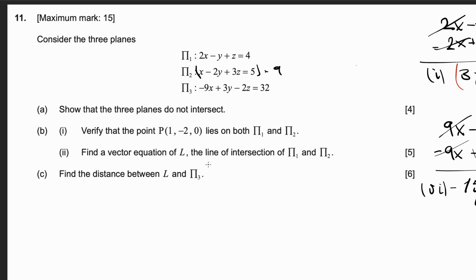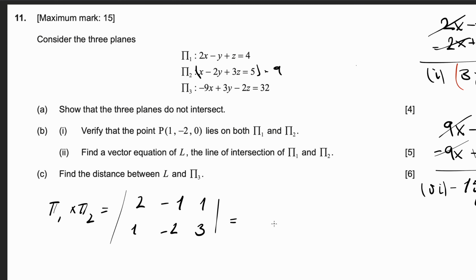Okay, find a vector equation of L, the line of intersection of P1 and P2. For the vector equation, you can use the cross product of the normals of P1 and P2. It's going to be (2, negative 1, 1) and (1, negative 2, 3).